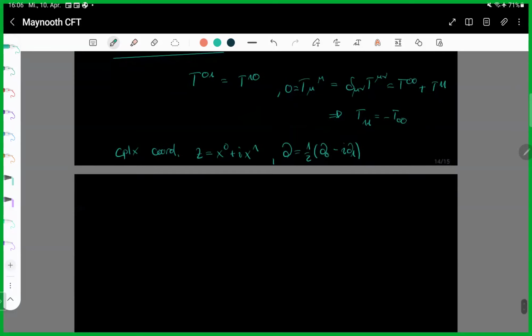Then in complex coordinates you look at the component TZZ, which you can just work out is related to the previous ones as follows. And T Z bar equals T0,0 plus i T 1,0.